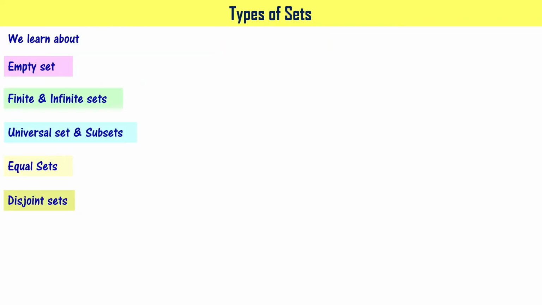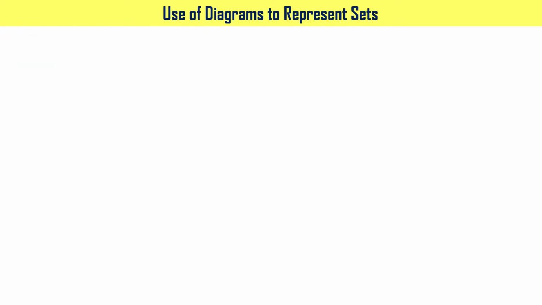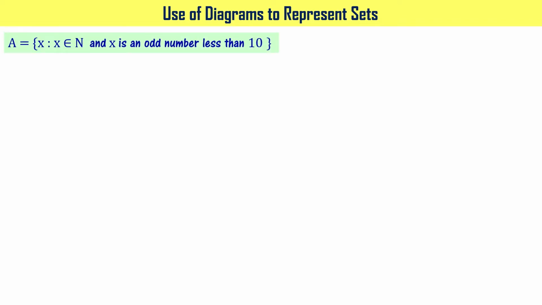Now let us look at universal set and subsets. Before that, let us understand how to use diagrams to represent sets. Here A is a set given in set builder form, right? It says that A is a set of elements X such that X belongs to N and X is an odd number less than 10.